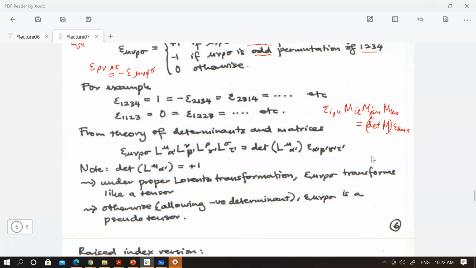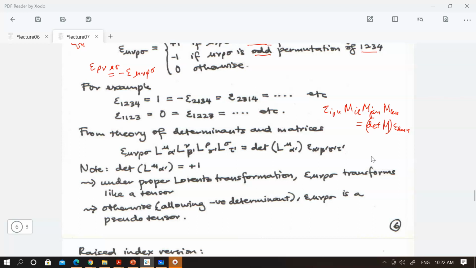But this is now generalized to the case of the Lorentz matrix, which is a 4 by 4 matrix. In other words, we have the following equation, analogous to this one.